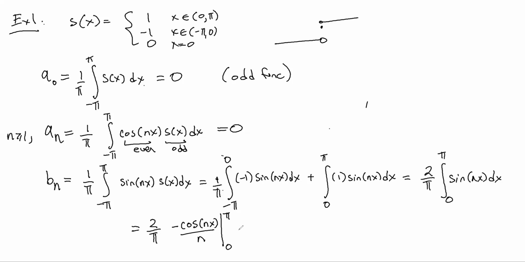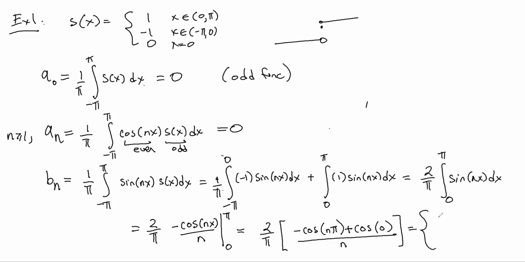And so if you figure out what that is, that's 2 over pi times minus cosine n pi plus cosine 0, over n. And now cosine n pi, the value depends on whether n is even or odd. So you figure this out: this is going to be 0 if n is even, and 4 over n pi if n is odd.